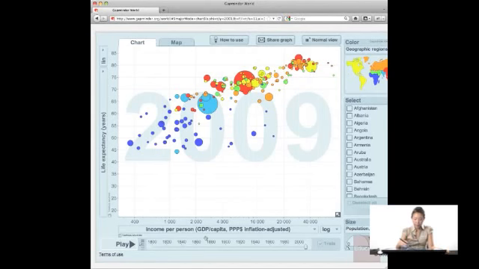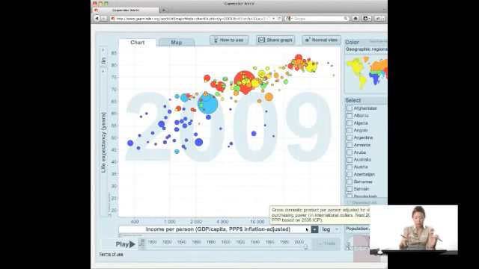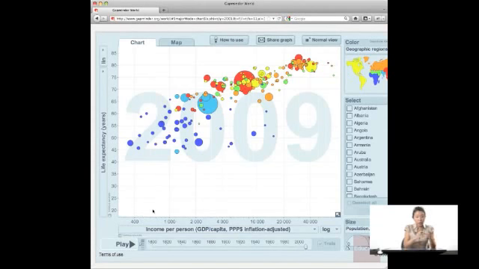And so that's income per person on the x-axis. And notice that it's in log form. That means that the low numbers are spread out and the higher numbers are squished together because they've taken the log of the income per person. And also here we have life expectancy. That's the average number of years that people live in this country.